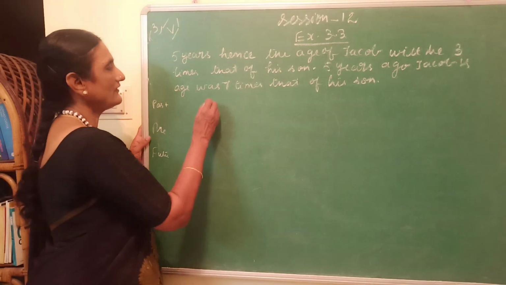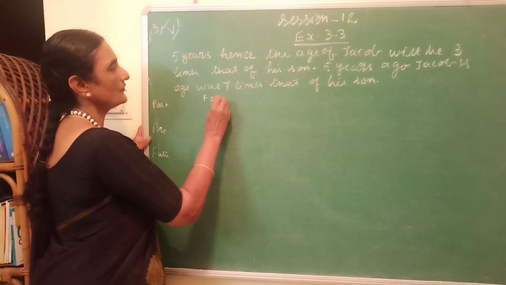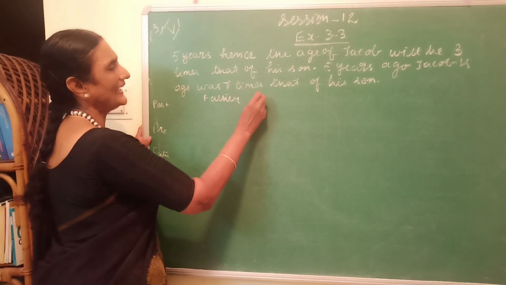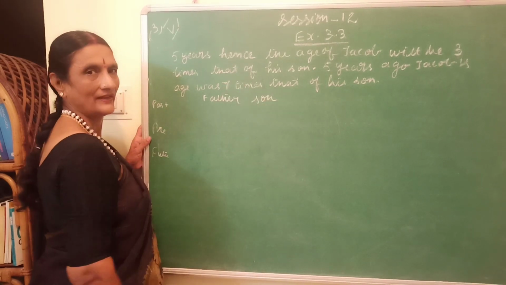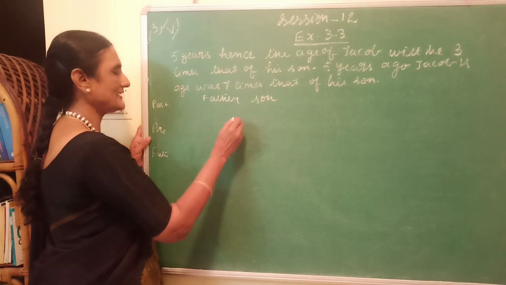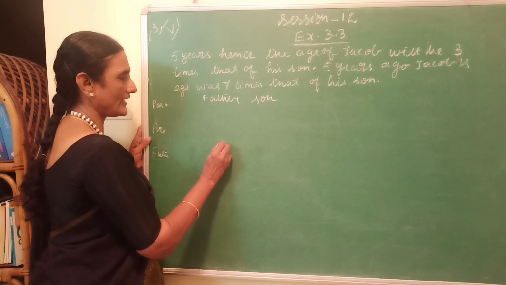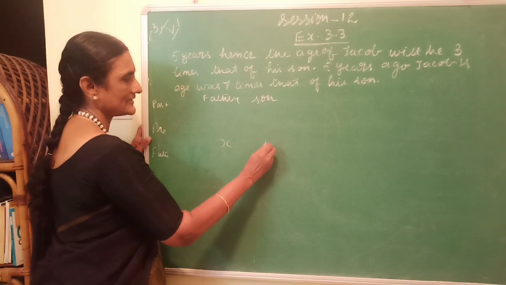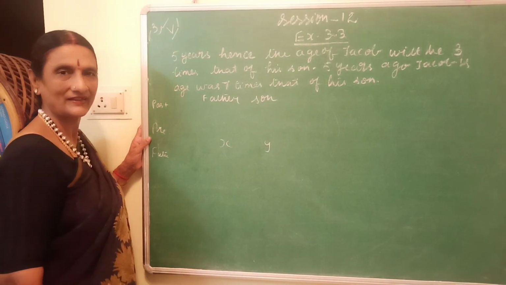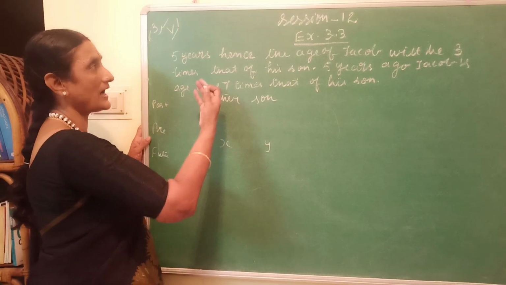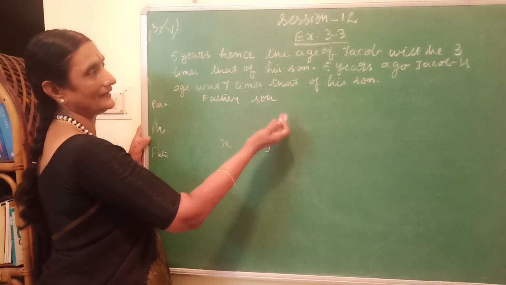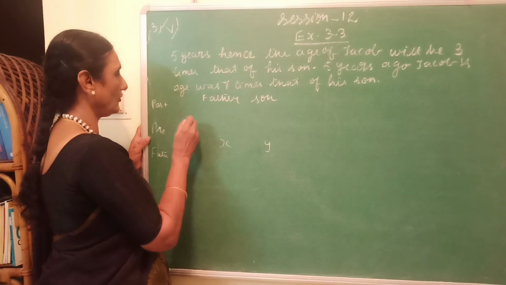Now I will write 2 columns, father and son. Is it clear? Now, father's age at present, father's age be X, son's age be Y. Correct? What will be the past age which is compared here? 5 years ago.